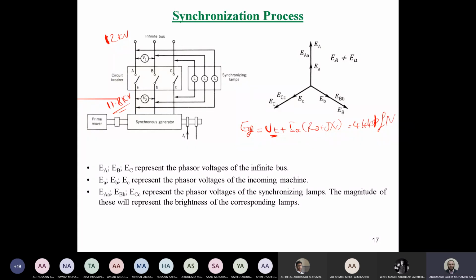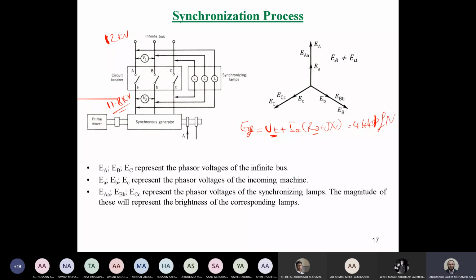From controlling the parameters here, which parameter can we use in order to change the voltage? The R_A. R_A is the resistance of the machine. We cannot add resistance to this machine. It's not like speed control of a DC motor, for instance.